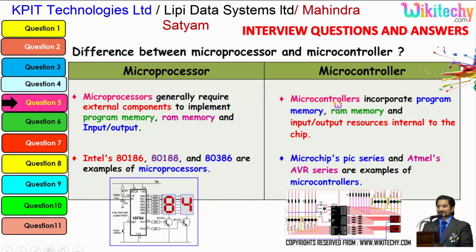Over here, microcontrollers incorporate program memory, RAM memory and input-output resources internal to the chip. So the PIC series and Atmel AVR series are typical examples of microcontrollers.